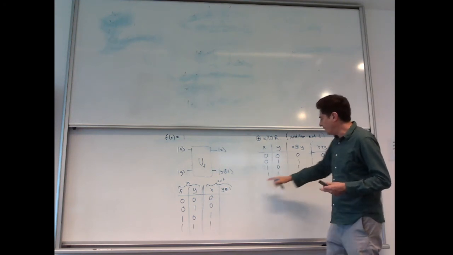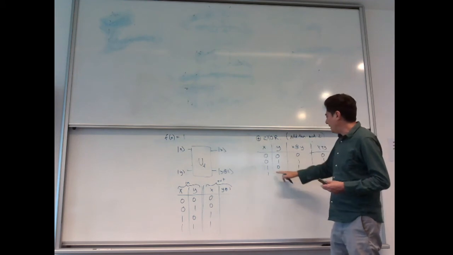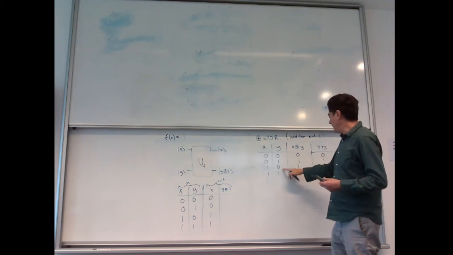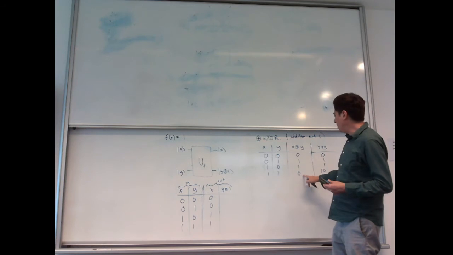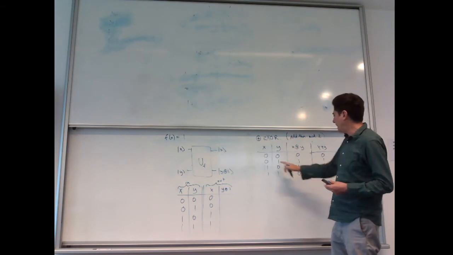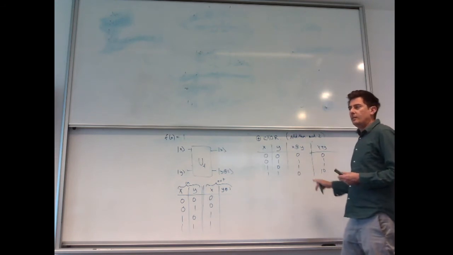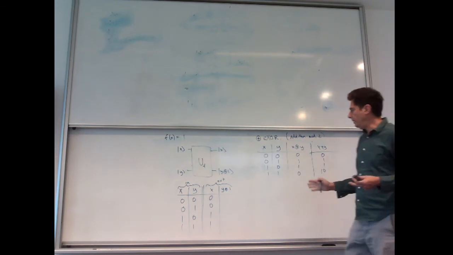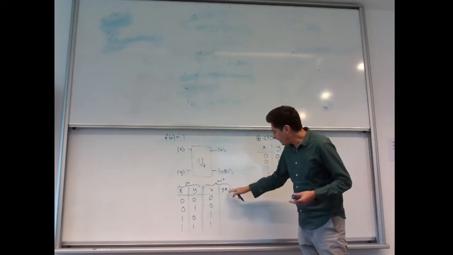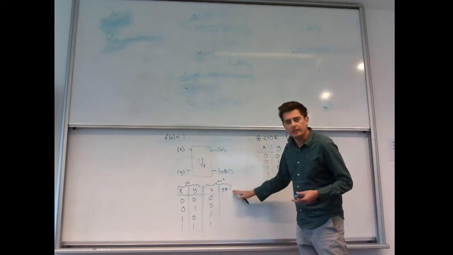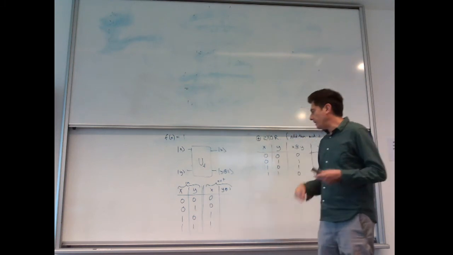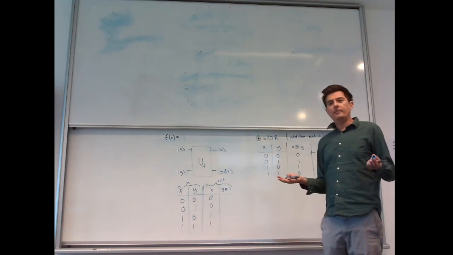Here's y, and then here's 1, and if you compare this column, which is the result of adding these two modulo 2, you can see that this 0 becomes 1 and this 1 becomes 0.